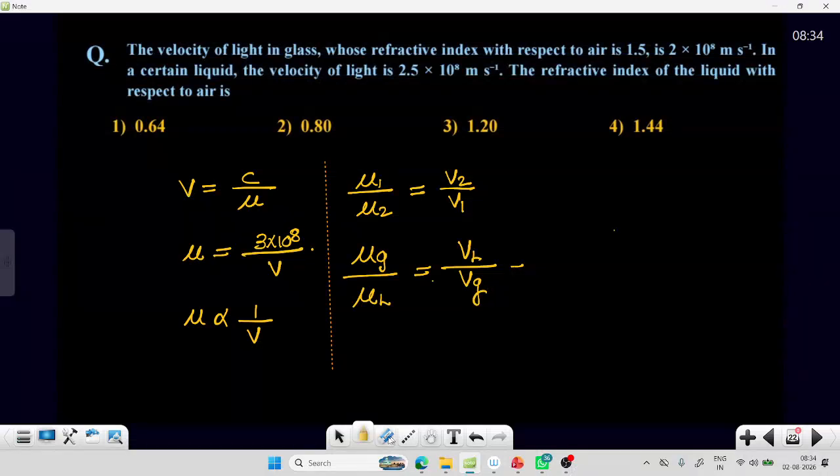So refractive index of glass is given as 1.5 by mu L. Velocity in the liquid is given as 2.5 into 10 power 8, and in glass 2 into 10 power 8.